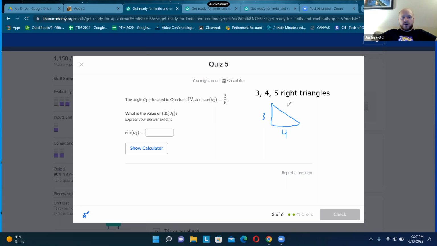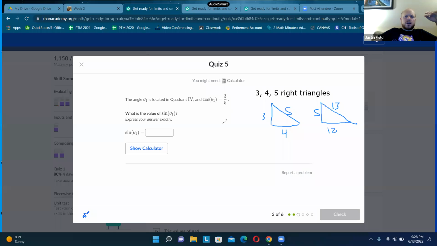Another one I want to share with you is 5, 12, 13. You see these things all the time. And then multiples of them, 6, 8, 10. But that's cheating a little bit because they want us to go through the process.